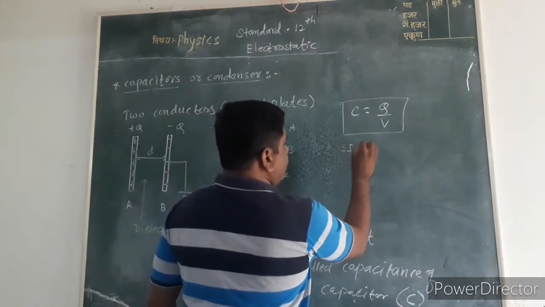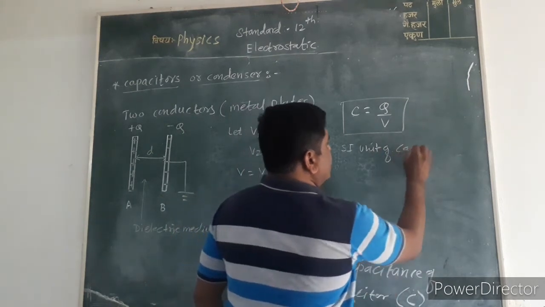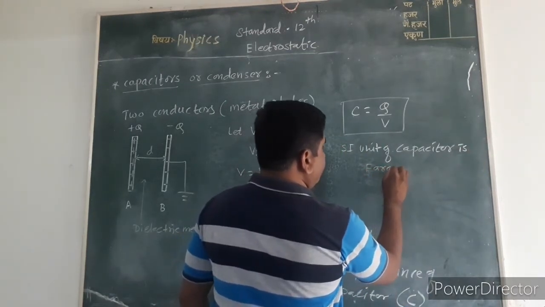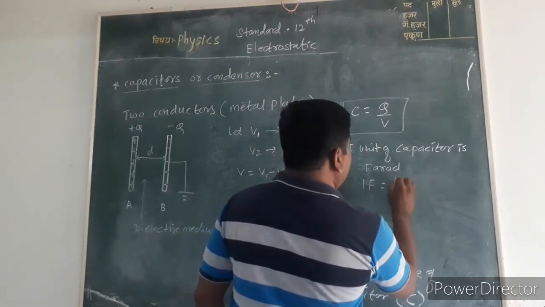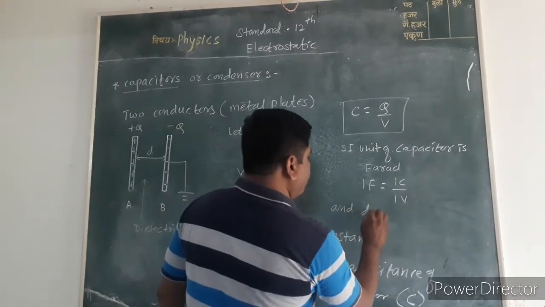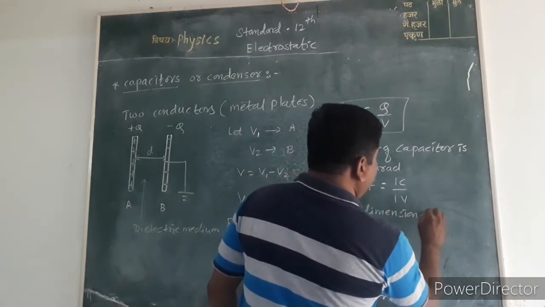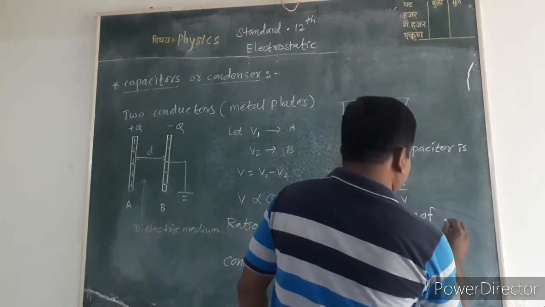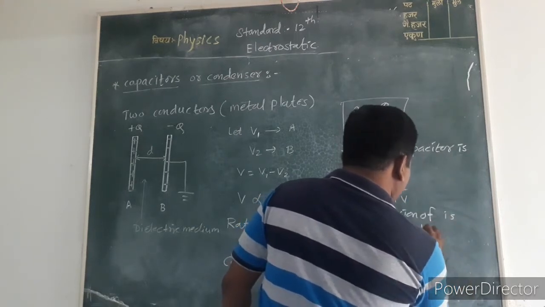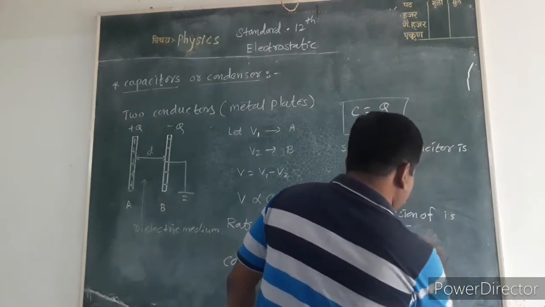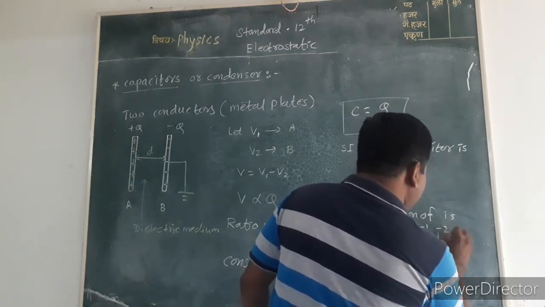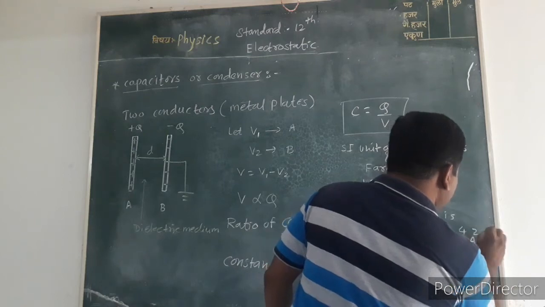The SI unit of capacitor is farad, or 1 farad is equal to 1 coulomb divided by 1 volt, and the dimension of capacity of capacitor is M^-1 L^-2 T^4 A^2.